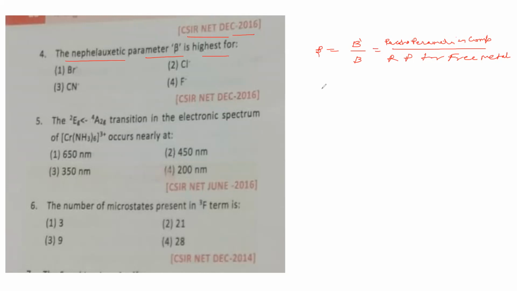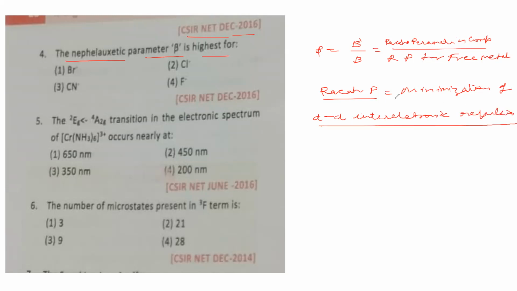What is the Racah parameter? Racah parameter tells the minimization of dd interelectronic repulsion by orbital expansion.